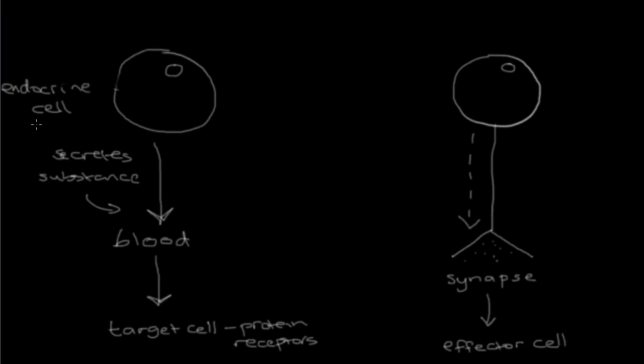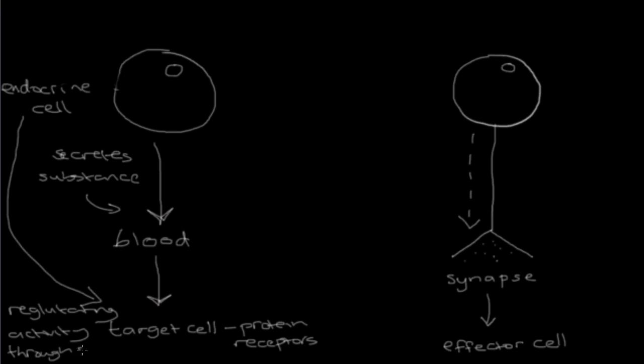So basically what's happening here is that the endocrine cell, from a remote distance, is actually regulating activity through secretions.